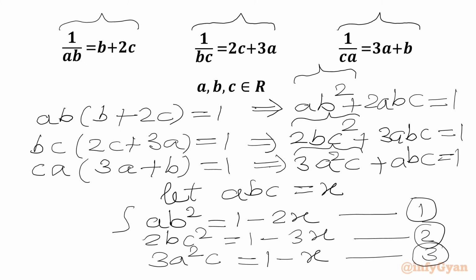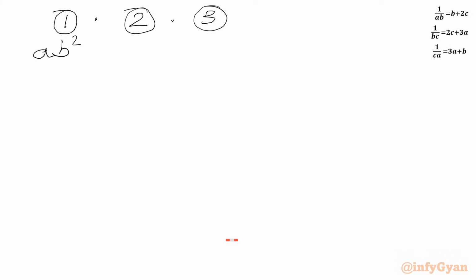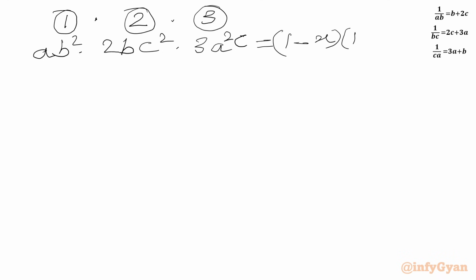Now we are going to multiply all the three equations. So we will write here operation 1 times 2 times 3. We'll be writing here in the LHS ab square times 2bc square times 3a square c will be equal to 1 minus x times 1 minus 2x times 1 minus 3x.